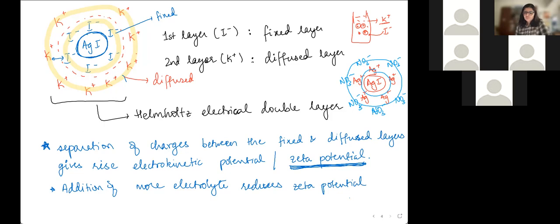So how does it affect? The reason is that adding more electrolyte, you're adding more charges into the solution. So that leads to reduction in the repulsions.